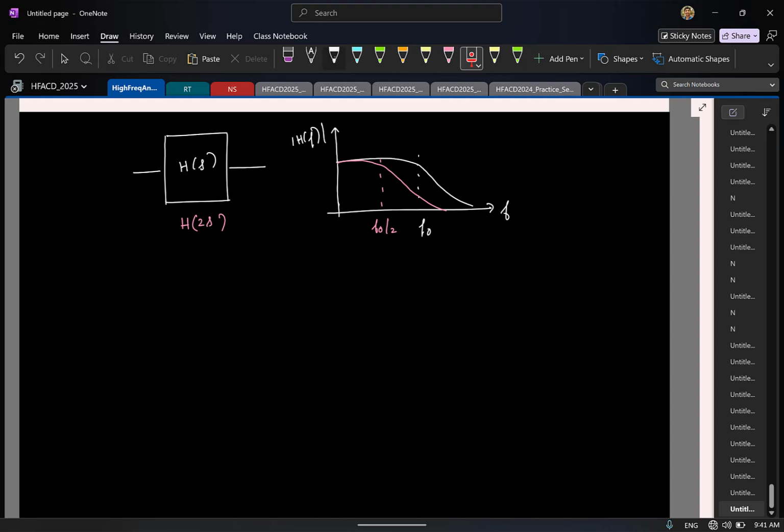The idea is in my transfer function I have s times something, which means wherever I have s, now it should be 2 times s. So what can you do in your circuit to make this happen? Let us say in my circuit I have transconductances, resistors, inductors and capacitors. What will you do?